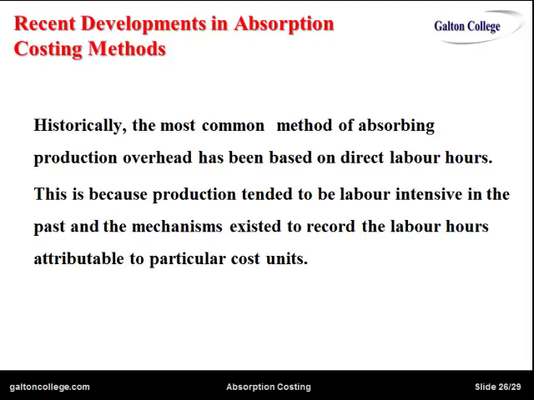So in the past, labour hours were a benchmark. There was an underlying assumption that all labour hours were the same and that people worked equally hard throughout the organisation, and there were issues about different people doing different jobs, and it was all glossed over. But historically, that was one of the bases for allocating.